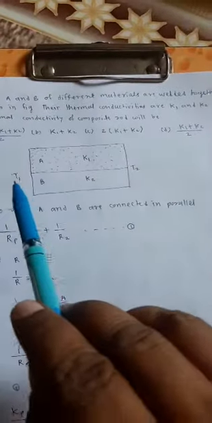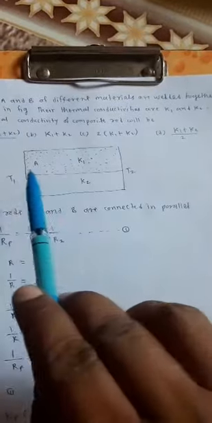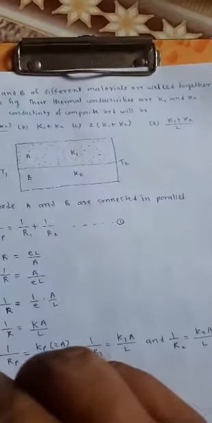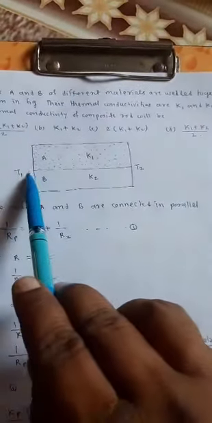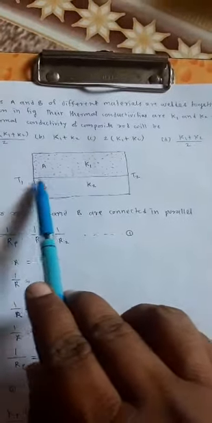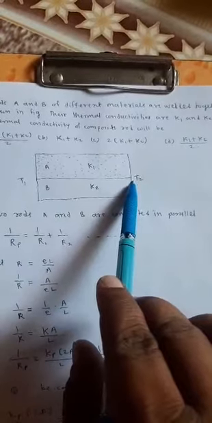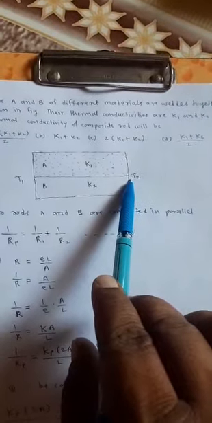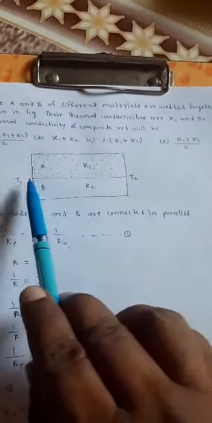Let us consider T1 and T2 are the temperatures of the two ends of this composite rod. Heat always flows from higher temperature to lower temperature, and the rate of flow of this heat with respect to time is called heat current.